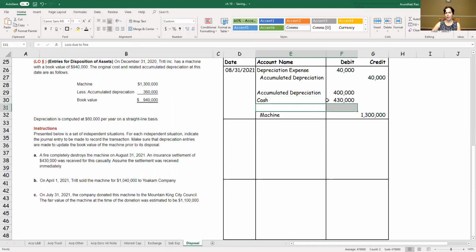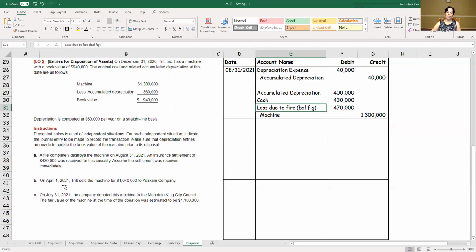That leaves me with a loss. The balancing figure is loss due to fire, and I'm going to put that in parentheses. That is the balancing figure is $470,000. So to take the machine off the books, I had to first depreciate it up to this point and then find out what the loss in this transaction is in the disposal of this asset.